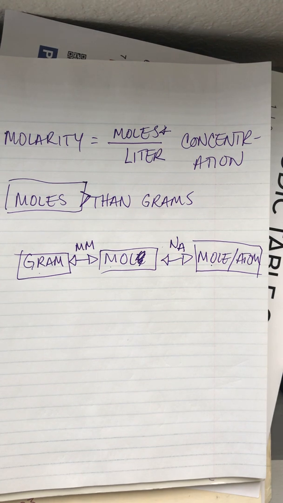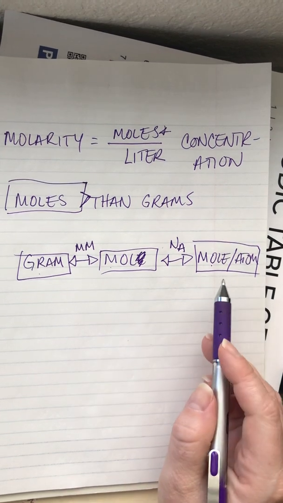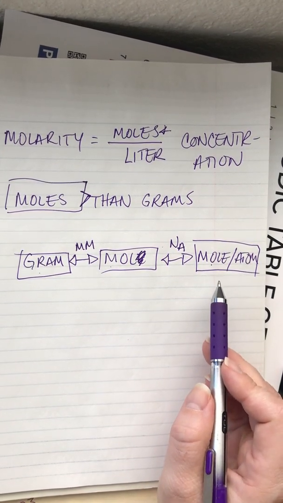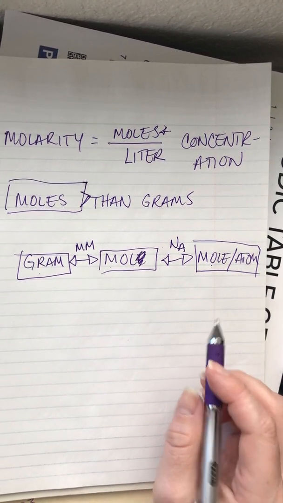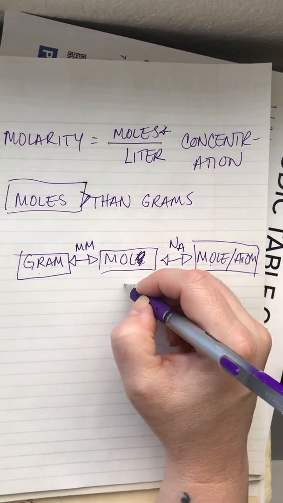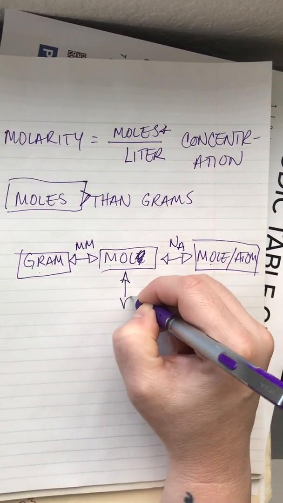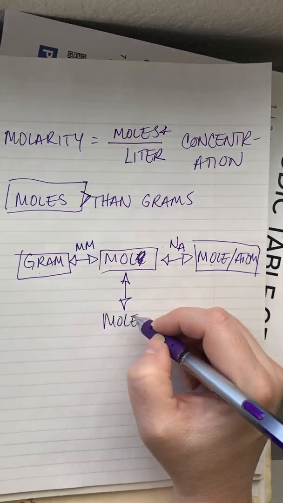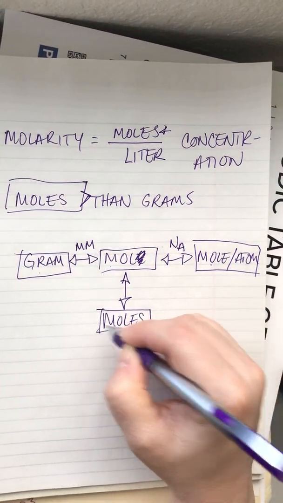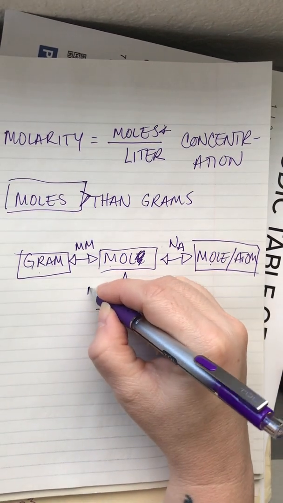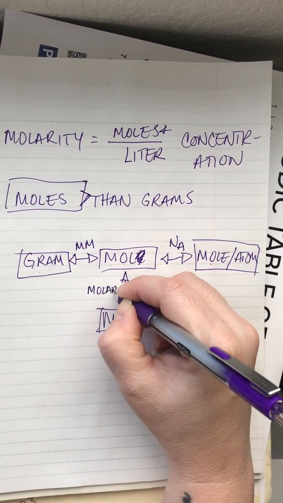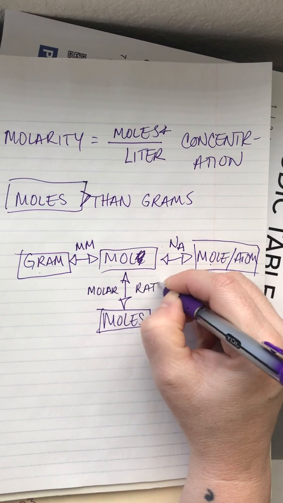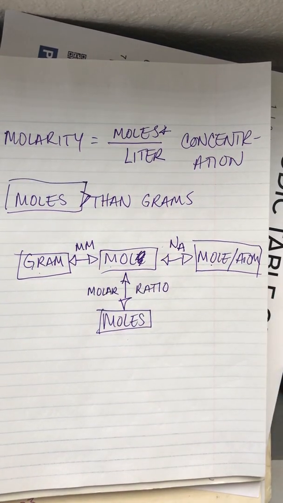So we'll get from moles to molecules or atoms. The one thing that we haven't talked about is if you want to go from moles of one thing to moles of another. And this requires the molar ratio. Okay?